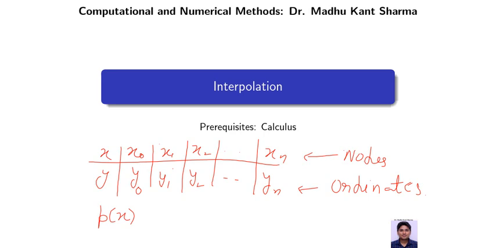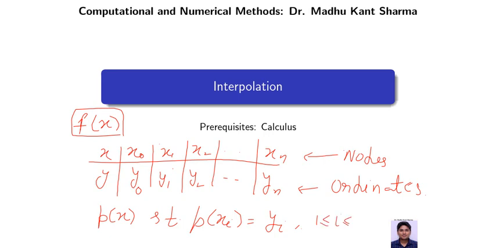So we are interested in finding a polynomial of lowest degree at most n, such that p of xi equals yi, and the above data set may be given for a function, let's say, f of x, and we wish to interpolate f by a polynomial. So here i is running from 0 to n.